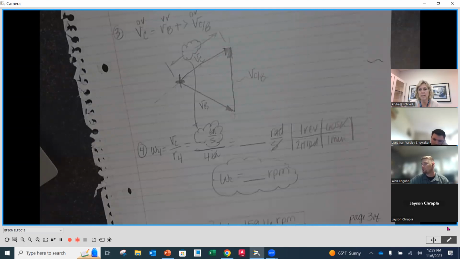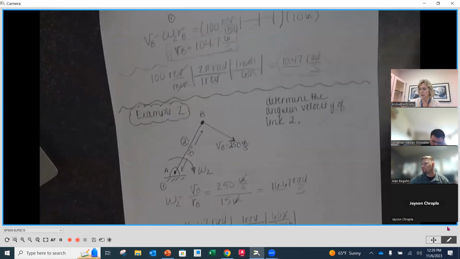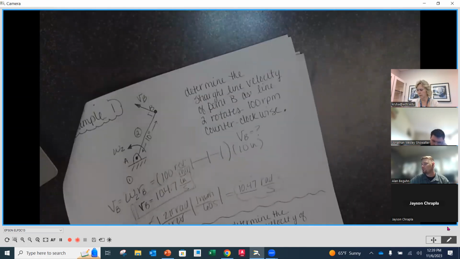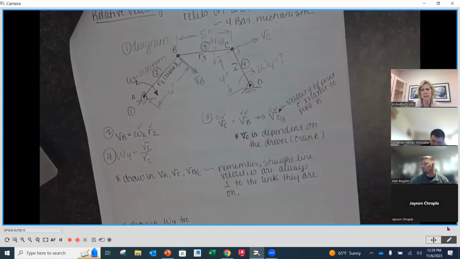Now, is that rotational speed fully defined by a number and its units? If I look up here, is there anything else I may want to add to the answer?